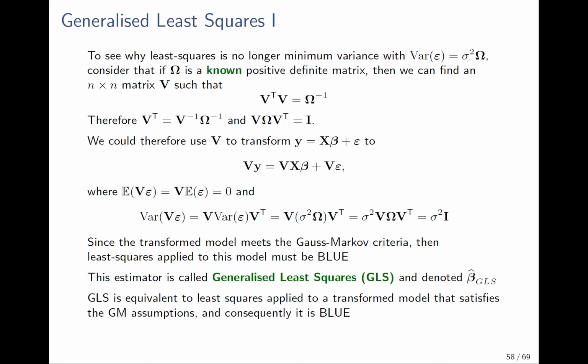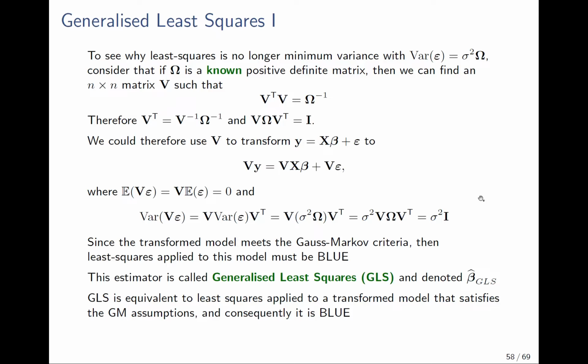So in other words, the transformed model meets the Gauss-Markov criterion. The expectation of the transformed errors is 0, and it has constant variance. And therefore, if we apply least squares to this transformed model, it must be the best linear unbiased estimator by exactly the same proof that we used in lecture 5.